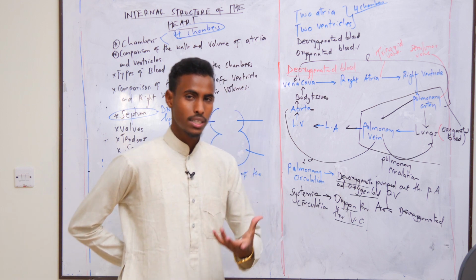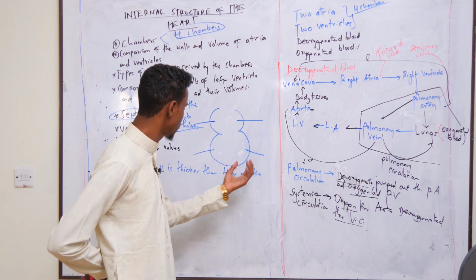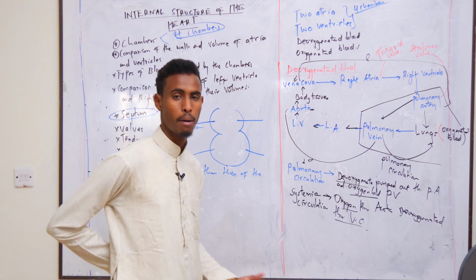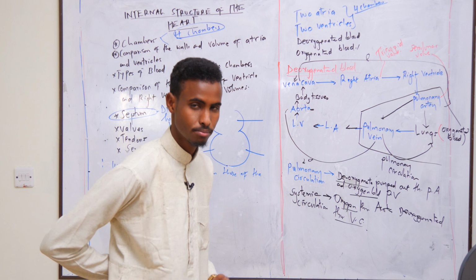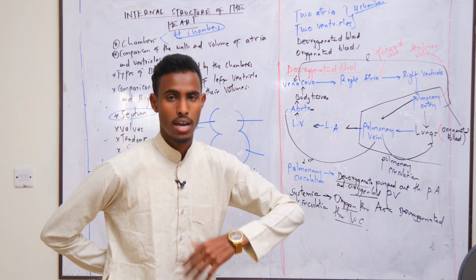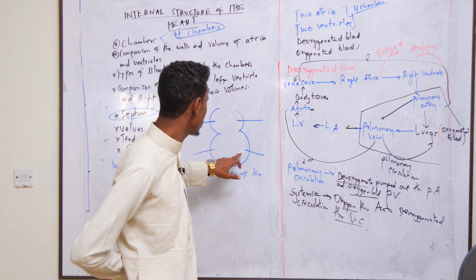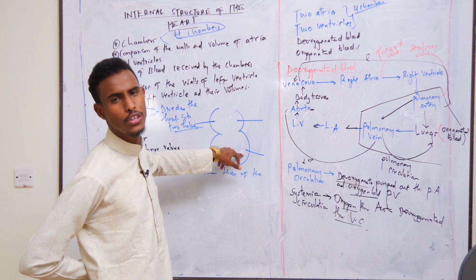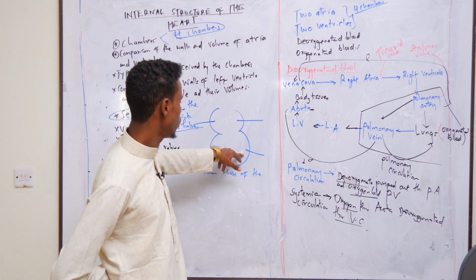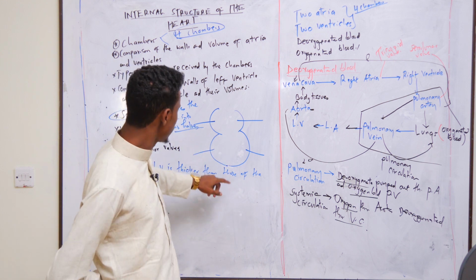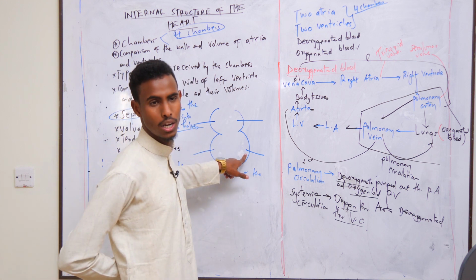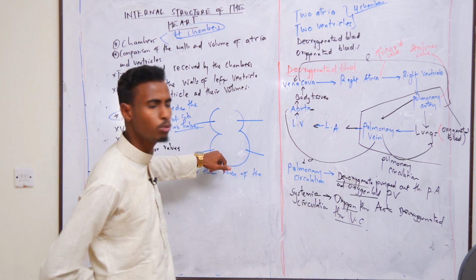Because even logically, if something has to pump to a longer distance, it has to have higher pressure. Now, for it to have a high pressure, it needs thick muscular walls. And we know the relationship between volume and pressure. Therefore, we say the volume of the left ventricle is smaller than the volume of the right ventricle.